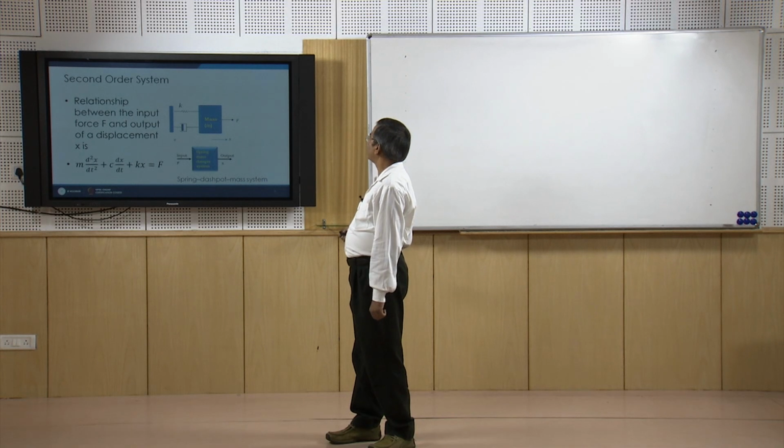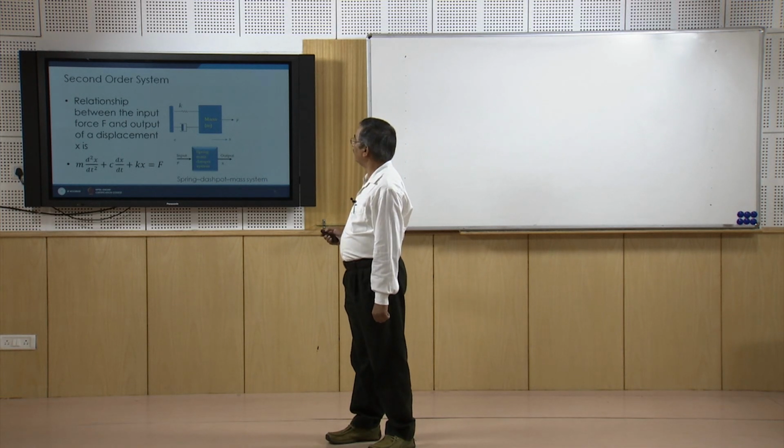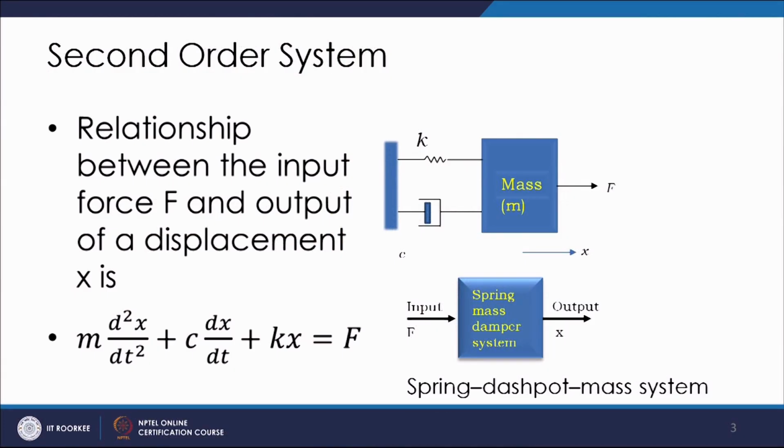So, we have a spring mass damper system. This spring has stiffness K, the mass is m, and the damping coefficient of the damper is C. There is a force F being applied here, and there is a displacement x of this system.